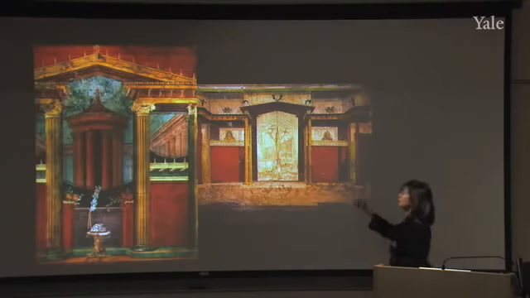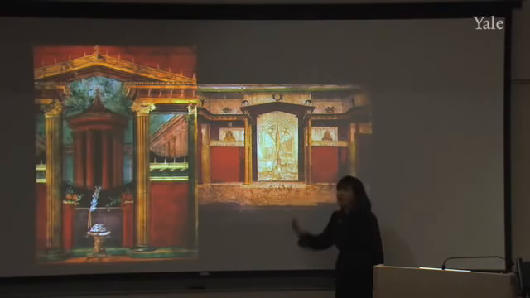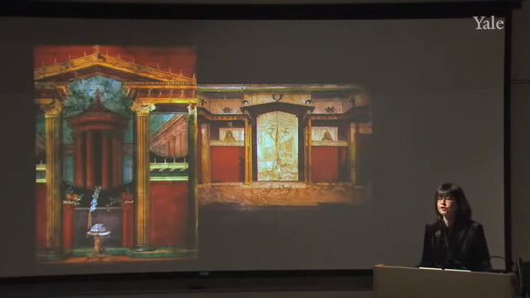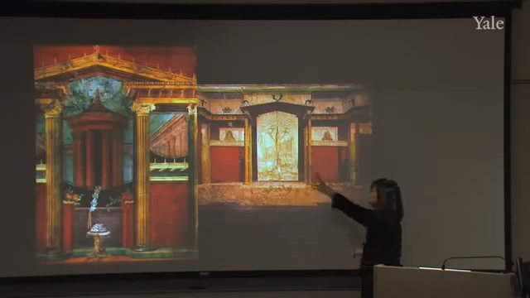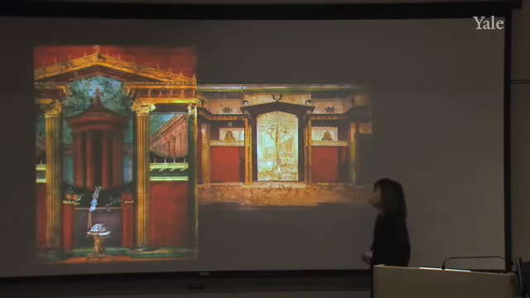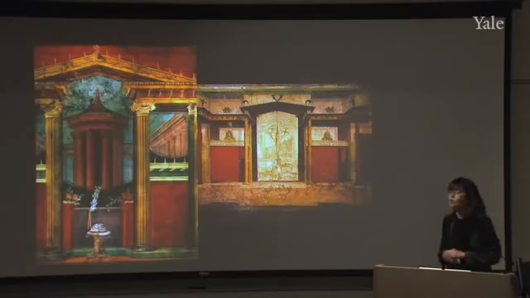We also explored the fact that in the 2nd style, the Roman designers, the Roman painters, seem to have experimented with one-point linear perspective, this perspective in which all points recede to a single point in the distance, and that we see that use of one-point perspective in the 2nd style wall paintings in the Room of the Masks.